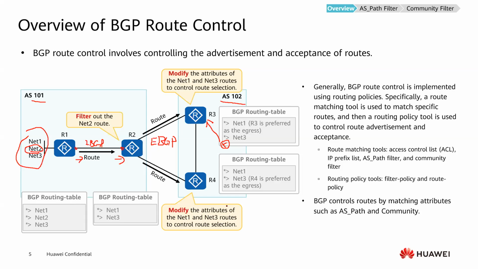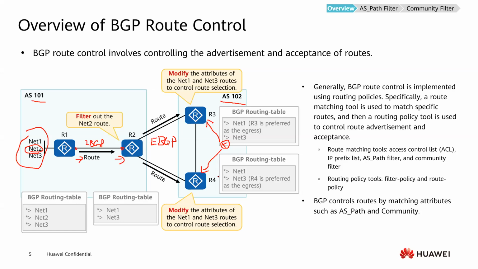And when it wants to connect to net 3, it will choose R4 as the egress device primarily. So in this scenario, you can also do route control for route selection. So this is BGP route control.